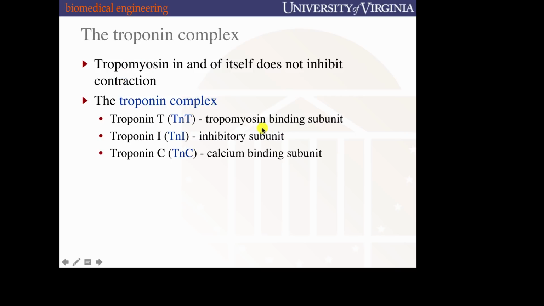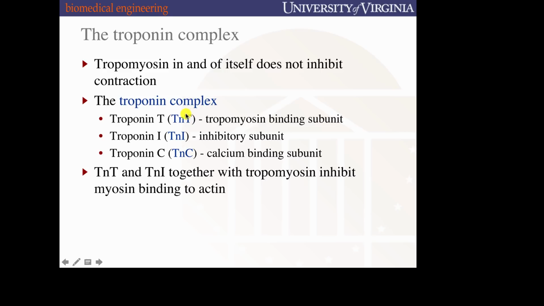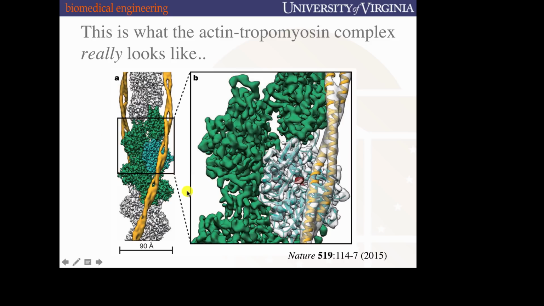Troponin I is called the inhibitory subunit. So this is what's believed to do most of the inhibition, or at least positioning, and we'll find out here in a minute, positioning tropomyosin and TNT to inhibit the interaction. And TNC is a calcium binding unit. Okay, so the C comes from calcium binding, the I comes from inhibitory, and the T here comes from tropomyosin binding. So TNT and TNI together with tropomyosin inhibit the myosin binding to actin.